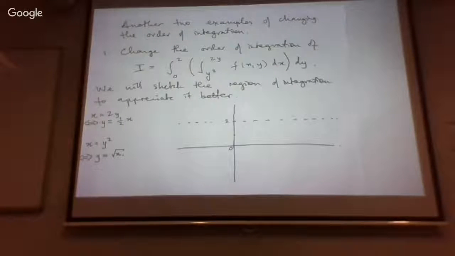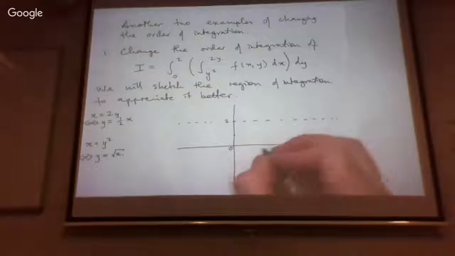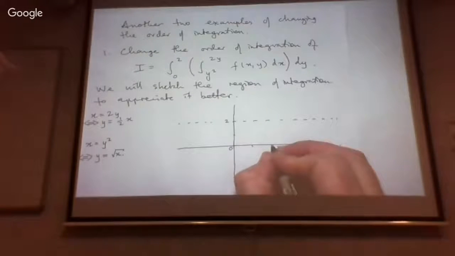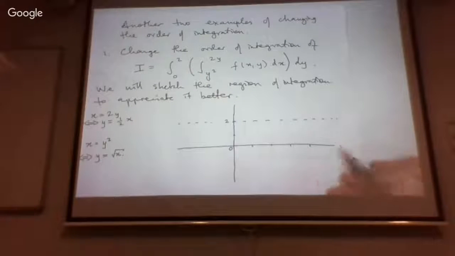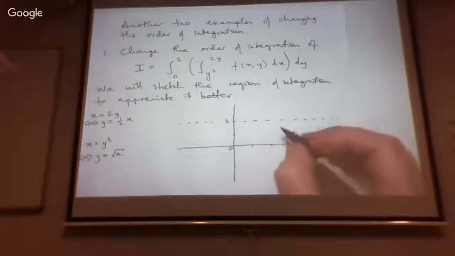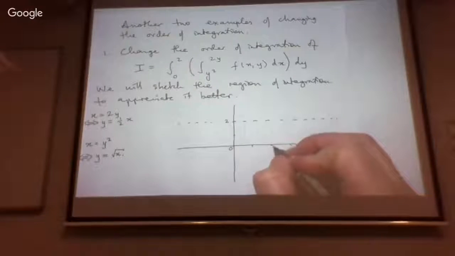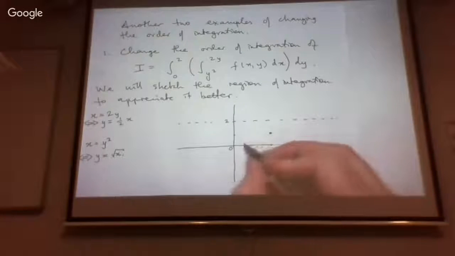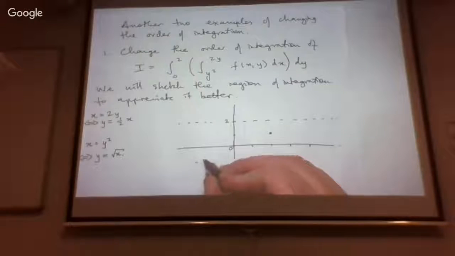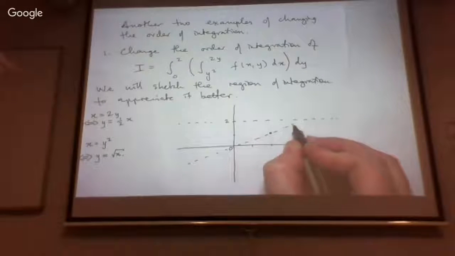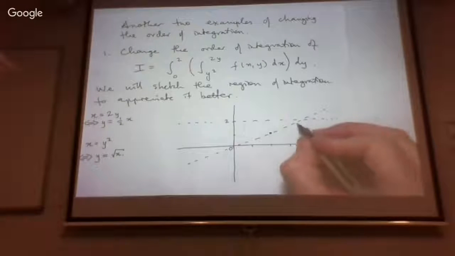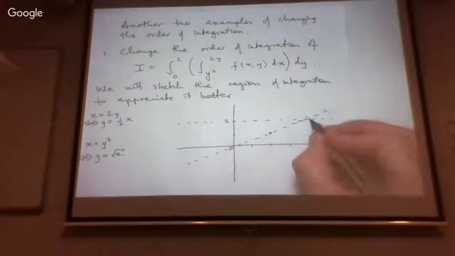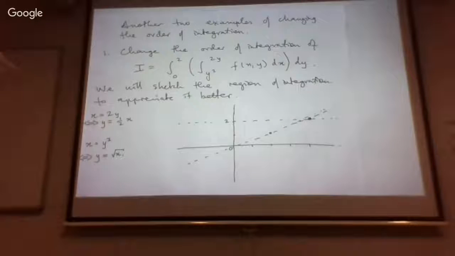So I can plot these curves. Here's x equals 1, x equals 2, x equals 3, x equals 4. For y equals a half of x, when x is 2, y is 1. So the straight line goes through here, intersecting the point 4, 2.